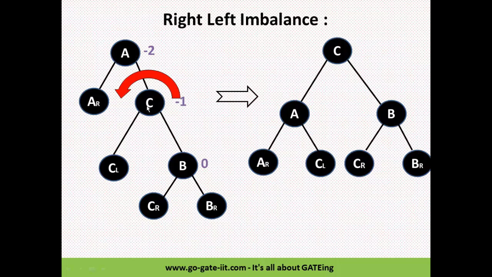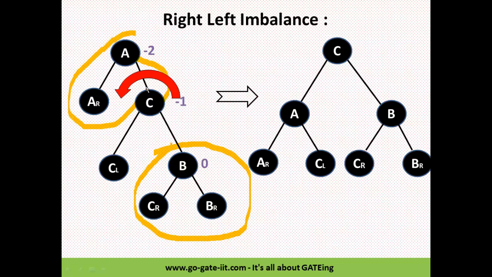So C has pushed A. A will keep AR as its left child, but CL, being greater than A but lesser than C, will be on the right hand side of A but in the left hand subtree of C. You can see this structure again, this remains the same, this remains the same. The only difference is that C pushes A and CL becomes the right hand child of A. If you calculate here, this complete tree is a balanced tree. Every node has a 0 balance factor.